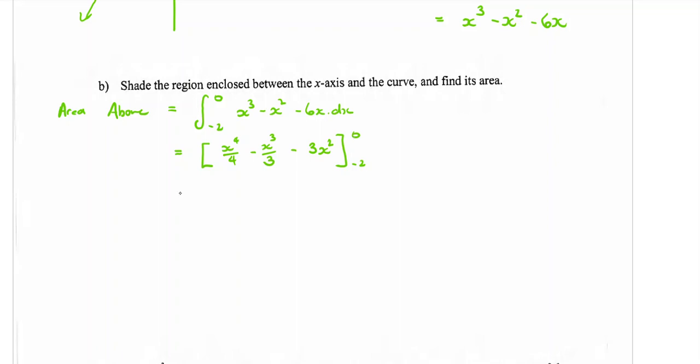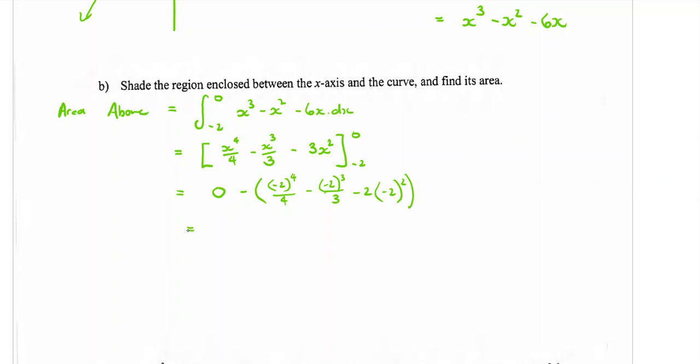Okay, now I have to sub in. First thing I sub in is 0, but that will be 0, 0, 0. So 0 minus, sub the -2 in. And you've got to be careful, -2 to the power of 4 over 4, minus -2 to the power of 3 over 3, -2 in brackets -2 squared.